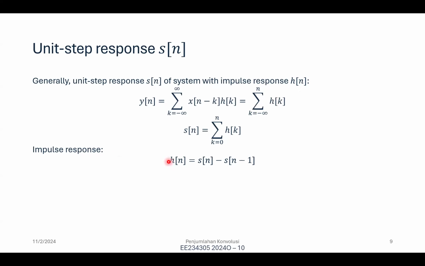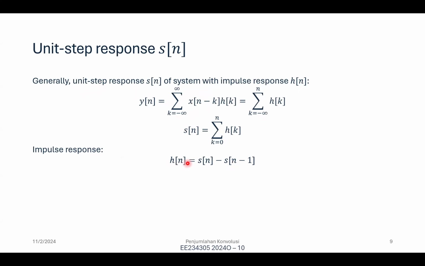And the impulse response here is hn equals Sn minus Sn minus 1. So this is the unit step response, where this is basically u n minus k, given the unit step input.